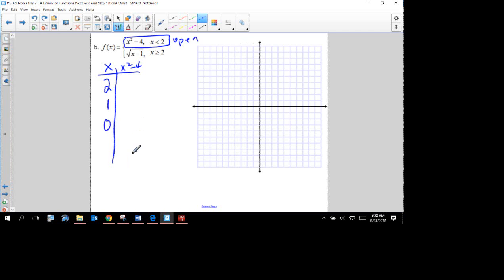So 1, 0, -1, -2, however many you need. So 2 squared minus 4, 0. 1 squared minus 4, -3.